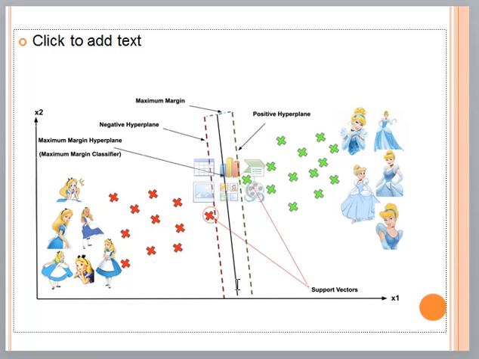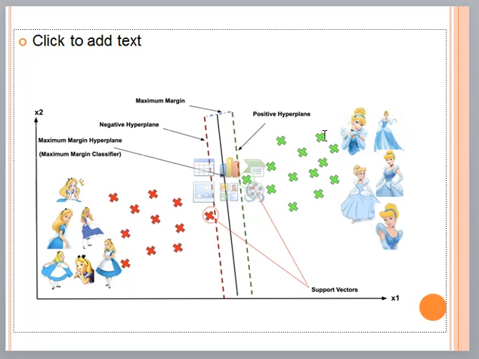So I can say that the data points which are close to this maximum margin hyperplane are my support vector points. In this case, this point and this point will be my support vector points, as they are close to the hyperplane, and these other points are not my support points.